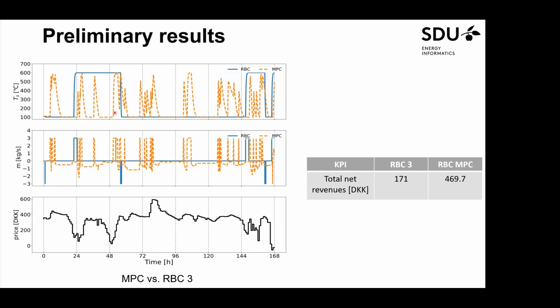You can see this frequent fluctuation of the mass rate in the MPC case, which shows that MPC tries to consider the forecast and maximize the profit.